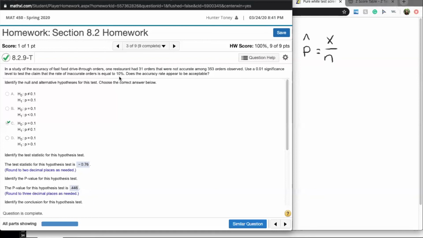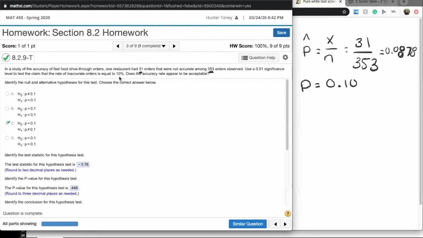Since we're measuring inaccurate orders, it would be 31 over our total, which was 353. So our p-hat would be equal to 0.0878. And we're looking at our p. We're measuring if it's equal to 10%, so our p would just be 0.10 or 10%.